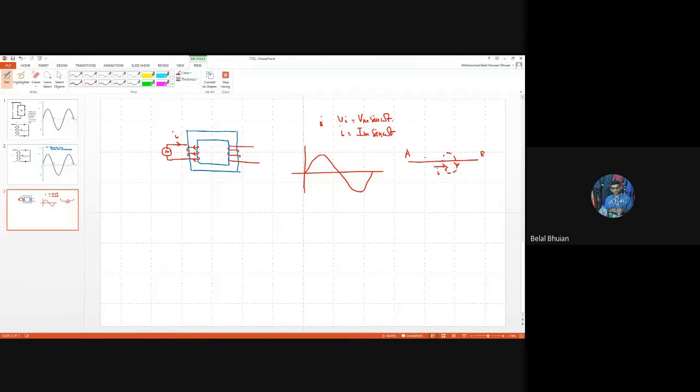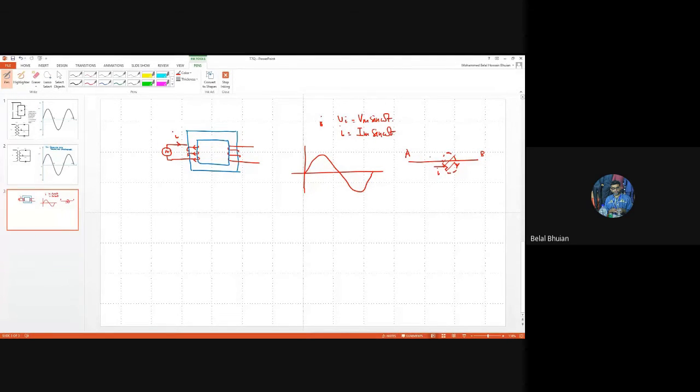The direction of the magnetic field can be expressed using the right hand rule. If you curl all the fingers except the thumb, and the thumb points in the direction of the current, the curled fingers give the direction of the magnetic field. So if the current is flowing in this direction, the magnetic field plane, if you consider this circle, is perpendicular to AB, and this is the direction.